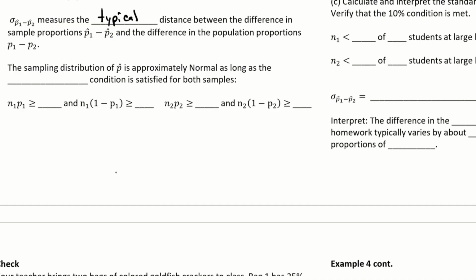Now, the sampling distribution of p hat is approximately normal as long as the large counts condition is met. This time you have 4 different conditions to test, 2 for each sample, whereas earlier we had 2 because we only had 1 sample. So N1P1 is greater than or equal to 10, and the other three are also greater than or equal to 10. We have to check 4 things.